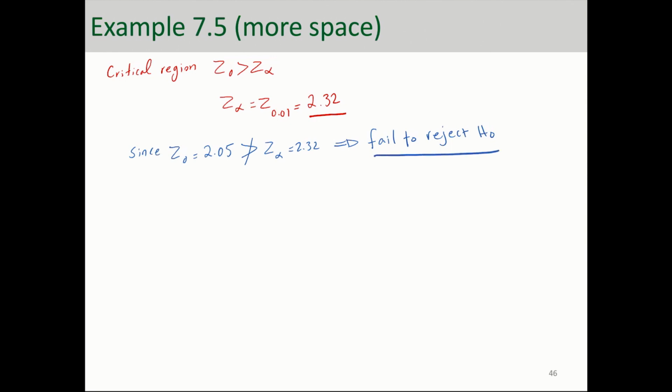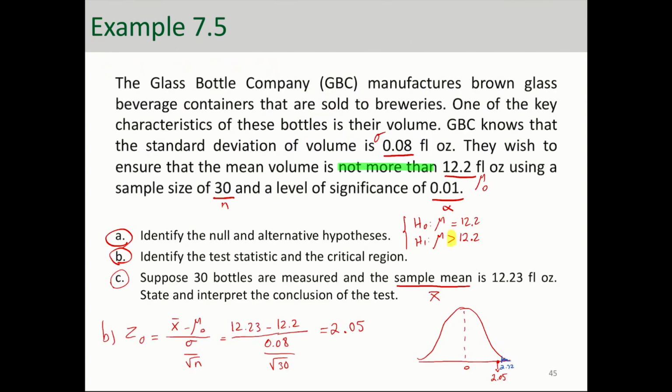Failing to reject the null hypothesis means what? The null hypothesis here was saying that the average is 12.2. So we failed to reject that. We are essentially, quote unquote, accepting it. Meaning that the sample of 30 that we took and its average did not give us sufficient evidence to reject this hypothesis.